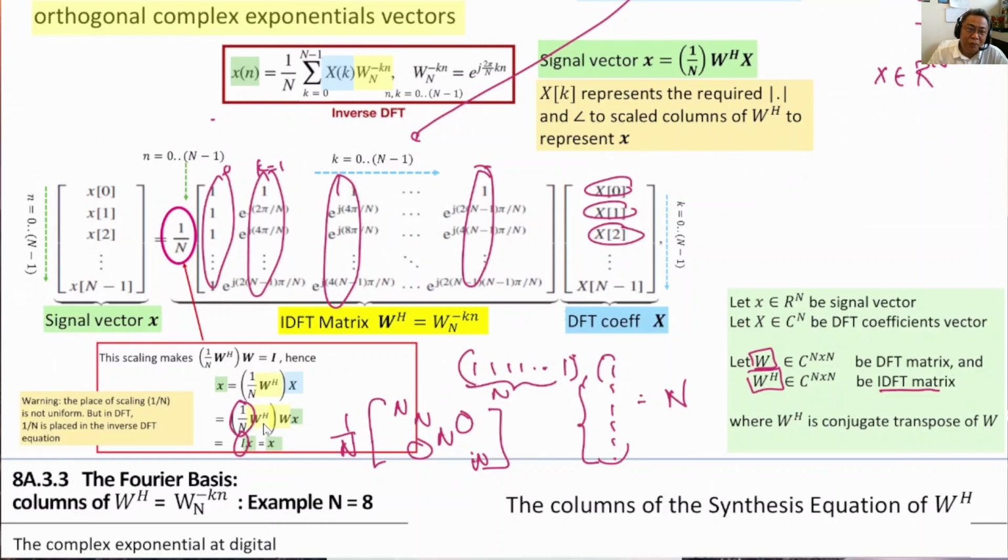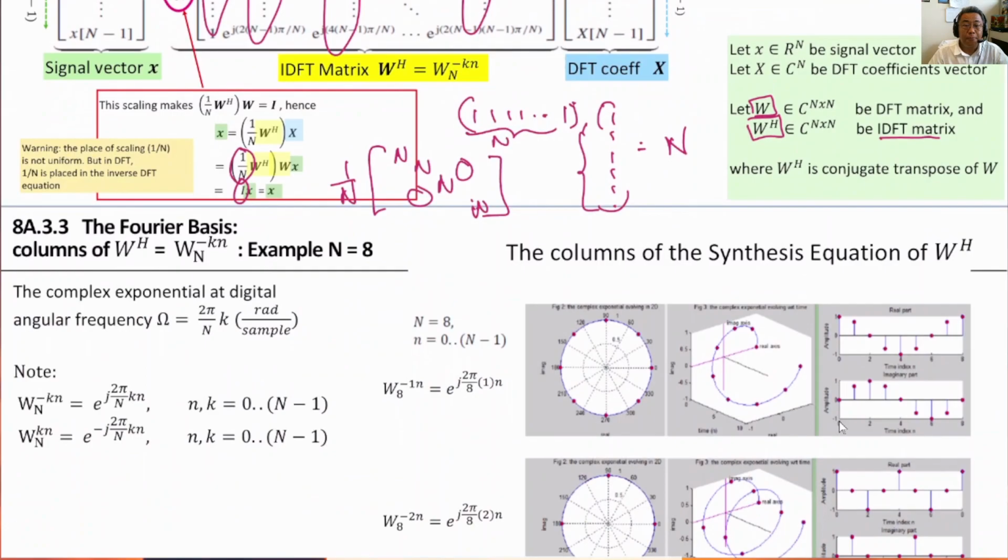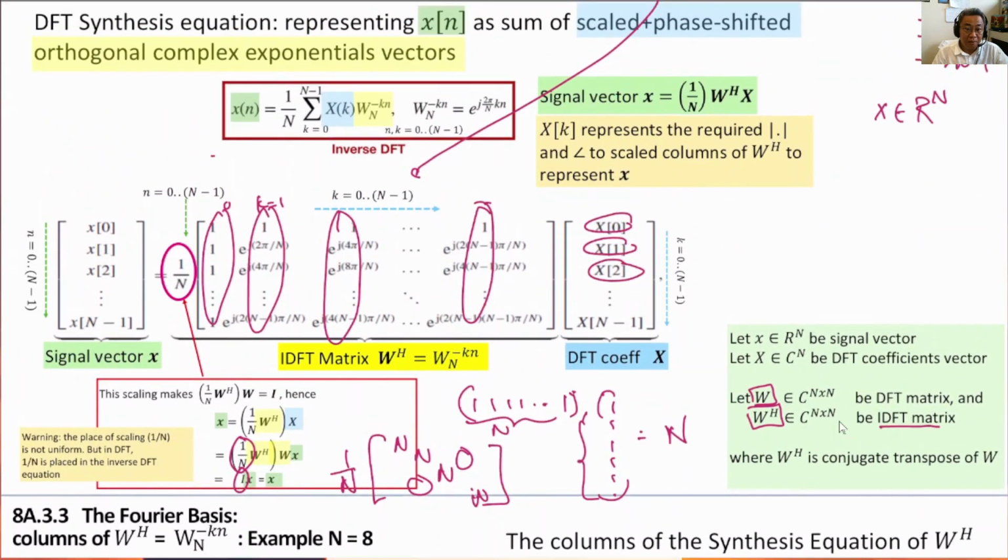I haven't told you what W is yet, but if I've introduced W^H into this form, the answer of W will become clear. W is the complex conjugate transpose of W^H, that is, W^H is the conjugate transpose of W. So with that, let's proceed.